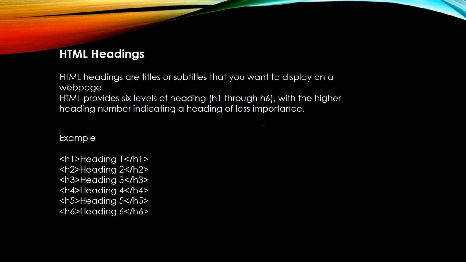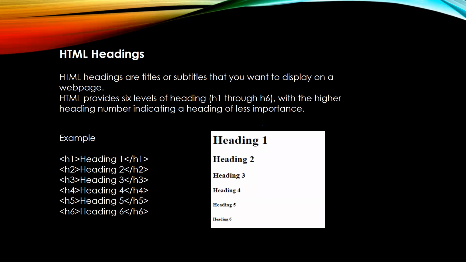HTML provides six levels of heading, H1 through H6, with a higher heading number indicating a heading of less importance. So this is the example for heading, and this is the output for this example.